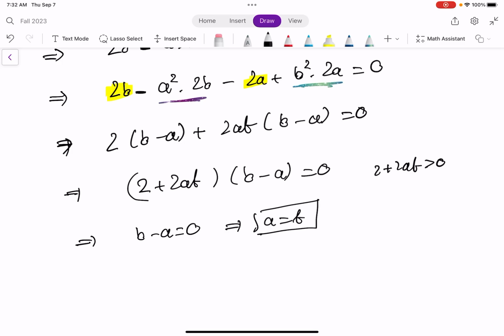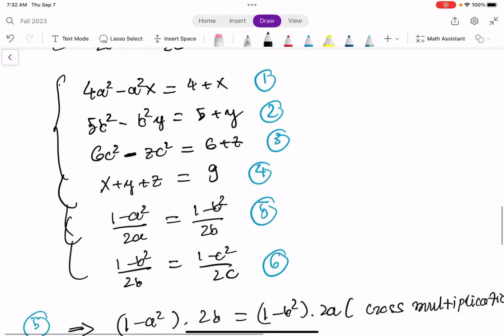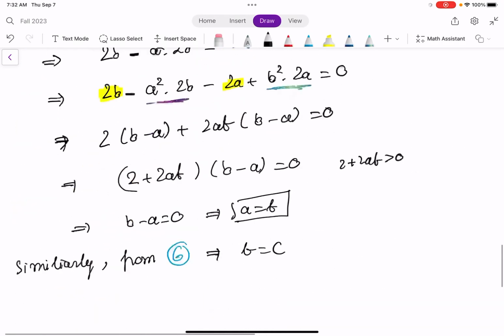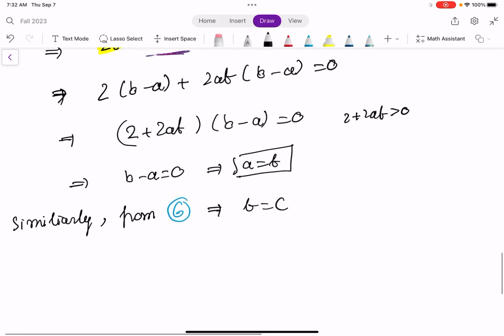So similarly, from 6, you can say that b equals c, right? Because you do the same manipulation and you will get the same result. Okay, so we have a very nice result.